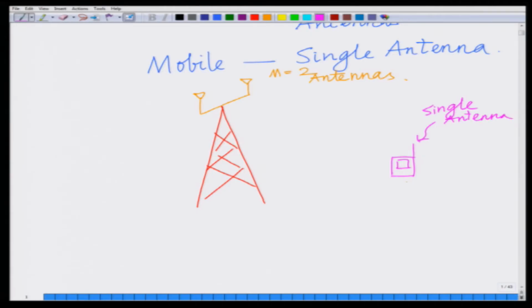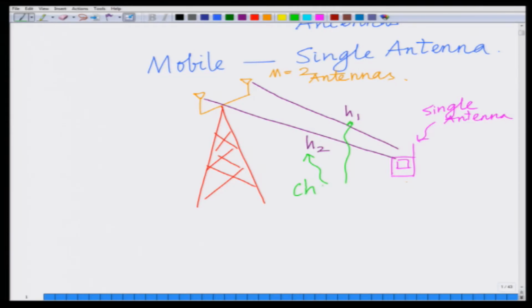Therefore naturally I can denote the channel coefficients corresponding to these 2 antennas as H1 and H2. These are the channel coefficients which have to be estimated in this multi-antenna downlink scenario, and that is the problem of channel estimation. In fact, that is the problem of vector parameter or channel vector estimation. All right, that is what we are looking at.